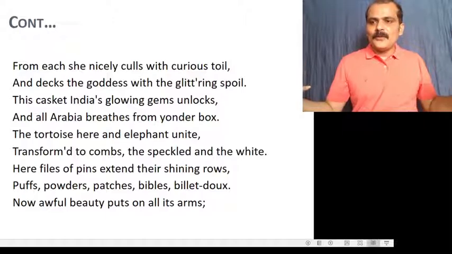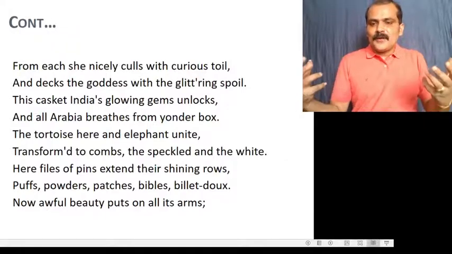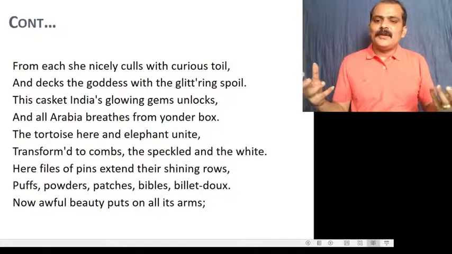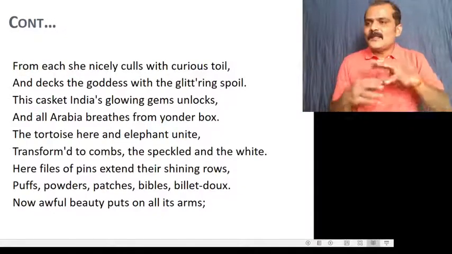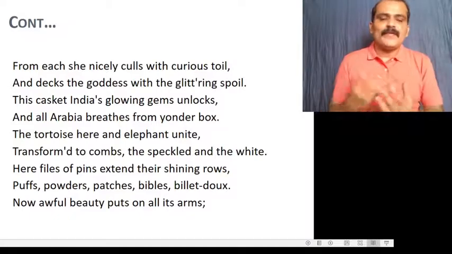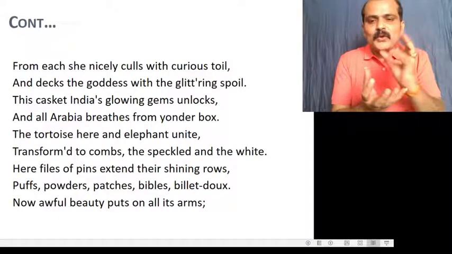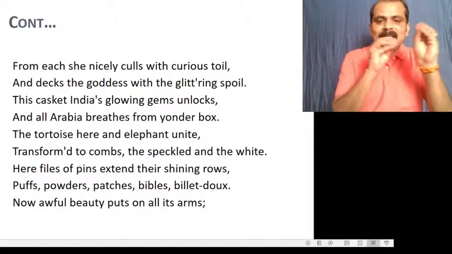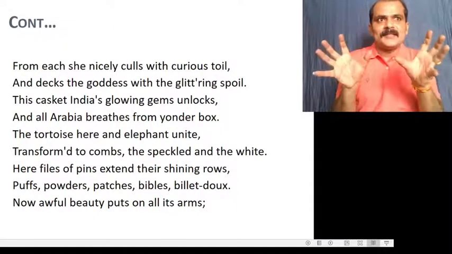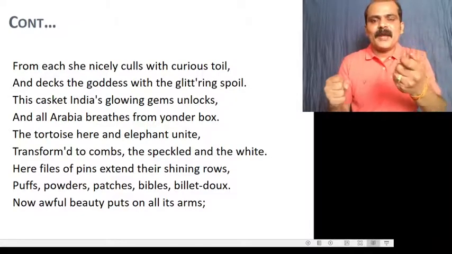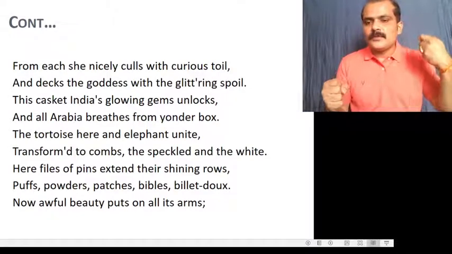Look at the perfume which is from Arabia. And the tortoise here and elephant unite. Look at how the tortoise shell and the elephant's ivory are transformed into combs. Look at how it is neatly speckled with the white. Very beautiful to handle, to take in hand, the combs.